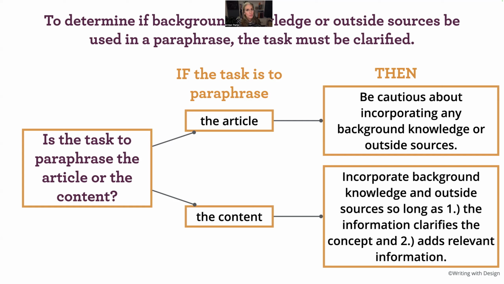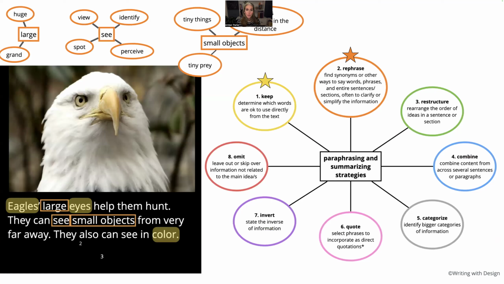But if the task, which is most often what students are asked to do, is to paraphrase the content, what's the essence of the information, can they show us that they've comprehended what they've read? Then it is okay to pull in background knowledge, so long as one, the information clarifies the concept, and two, it adds relevant information. Okay, so lucky for us, prey or tiny prey gets to stay.